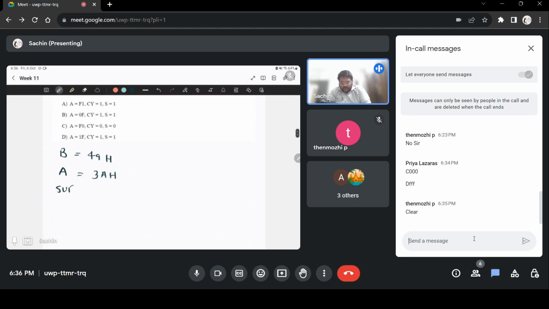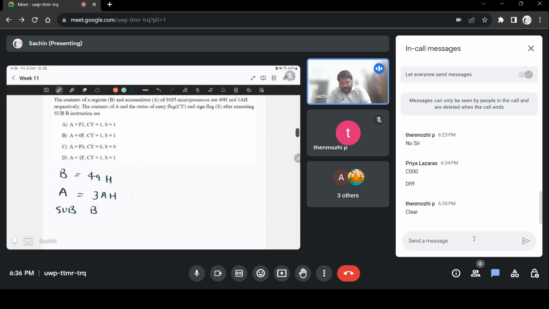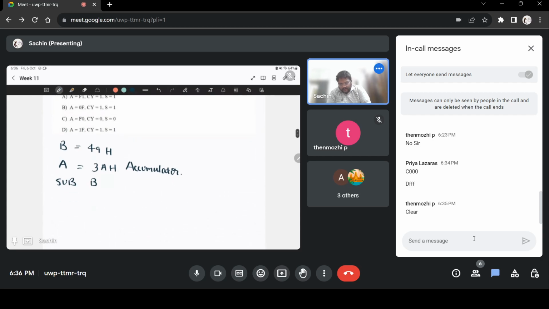Whenever only one register is indicated, that means the second operand in this operation is the accumulator. Here A is the accumulator. So when it just says SUB B, that means you are subtracting the contents of B from the accumulator. You are doing A minus B.